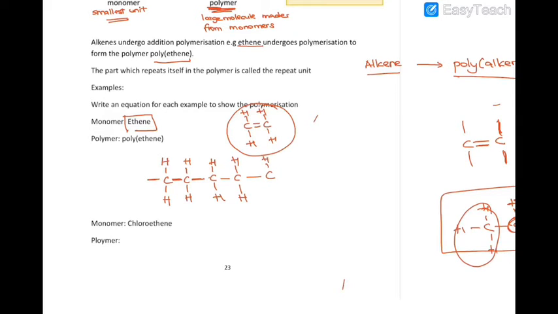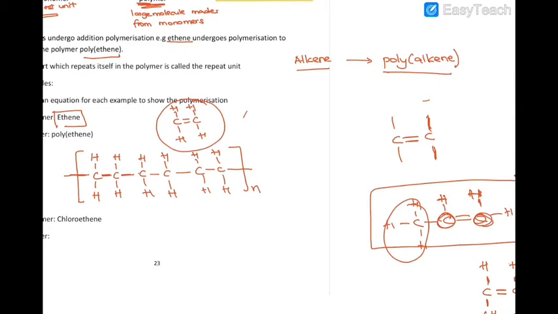I can have a third monomer being added, and then I'm going to have the continuation brackets, with the value of n showing that there is a large number of monomers that have added in the polymer. So this is an example.